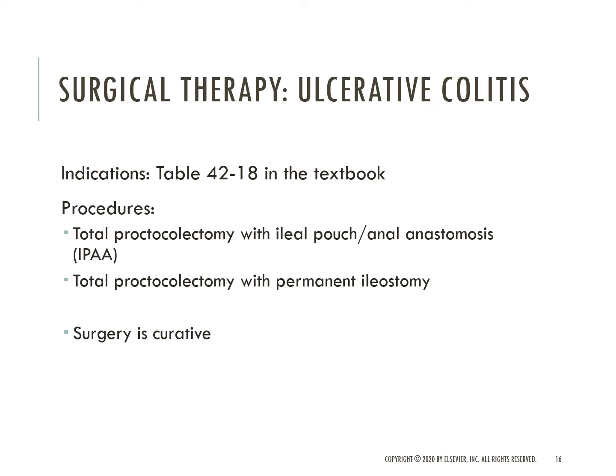Surgical therapy is most beneficial for ulcerative colitis. Why? Because unlike Crohn's, it's usually limited to one section of the colon. So if they remove that diseased part of the colon, it can be curative. Whereas surgical therapy is not as beneficial with Crohn's disease because you have all of those skipped lesions.